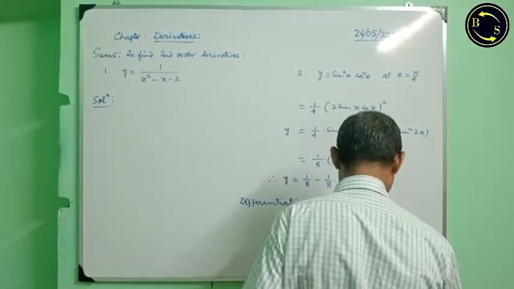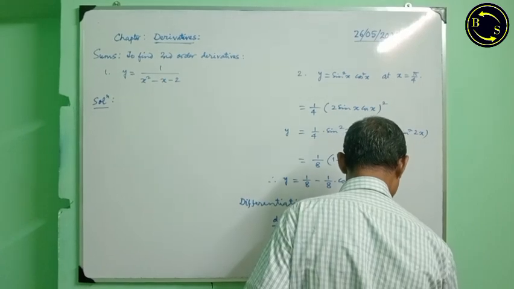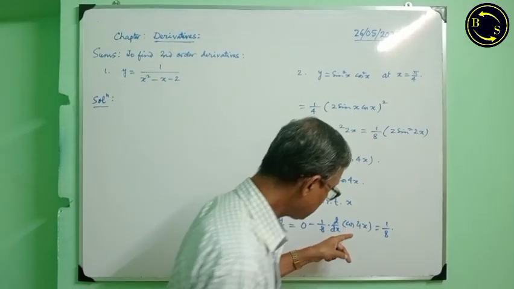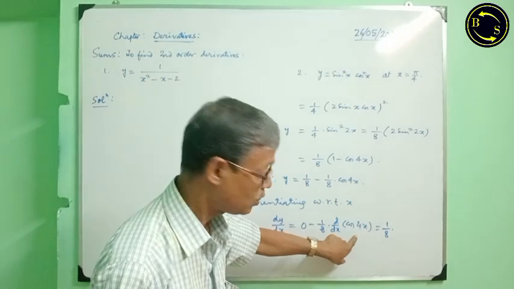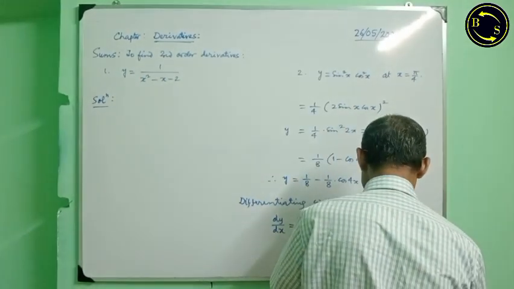Therefore, finally it will be 1/8 into, again it is cos 4x, cos u form, that will be sin u.